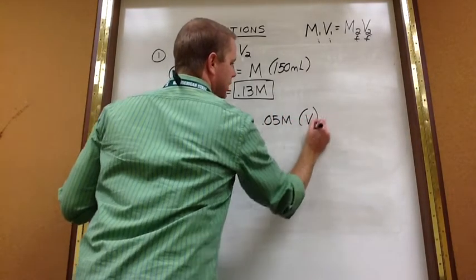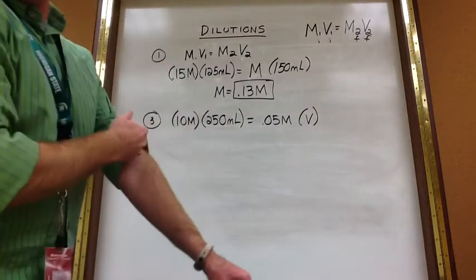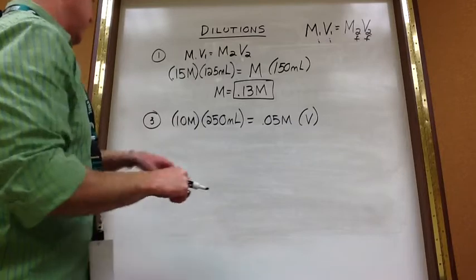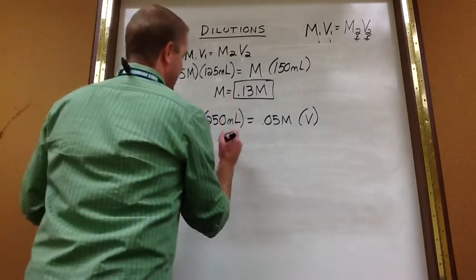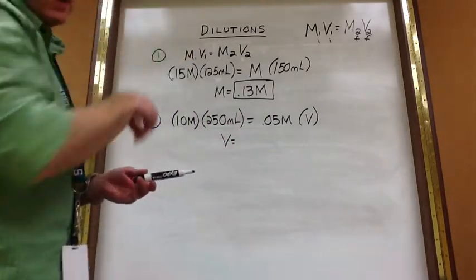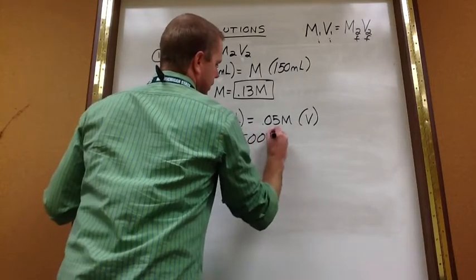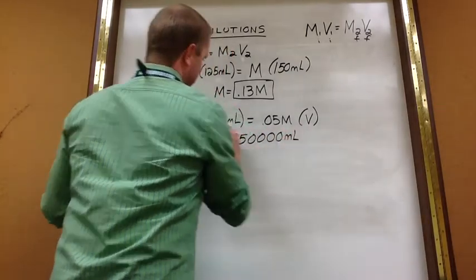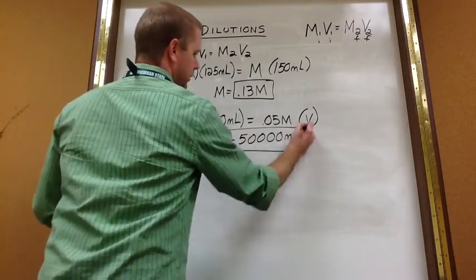Well, you're going to solve it for volume. For this one, I probably would say 1 significant figure because of the 10. So you do your math on this and you get volume equals, and with 1 significant figure, the answer is 50,000. It's milliliters because they have to match. There's your answer right there.